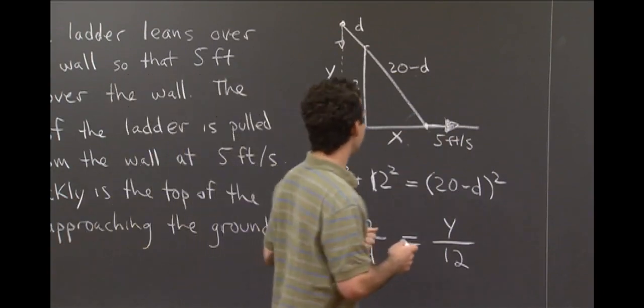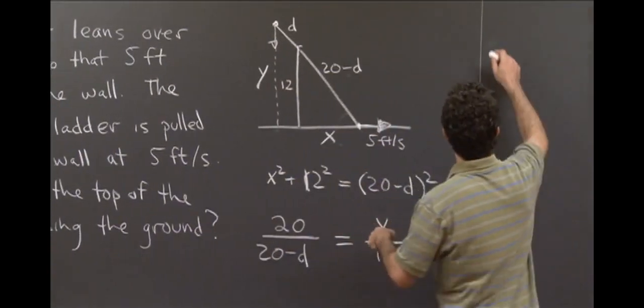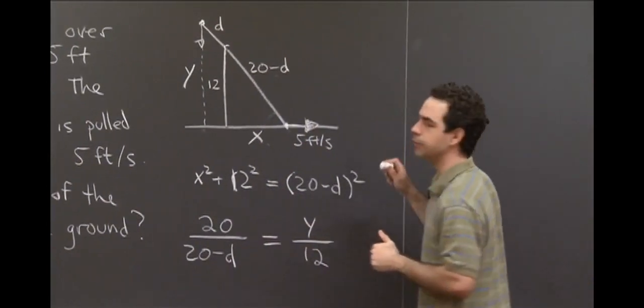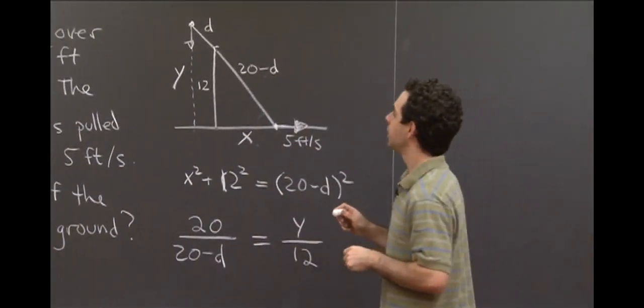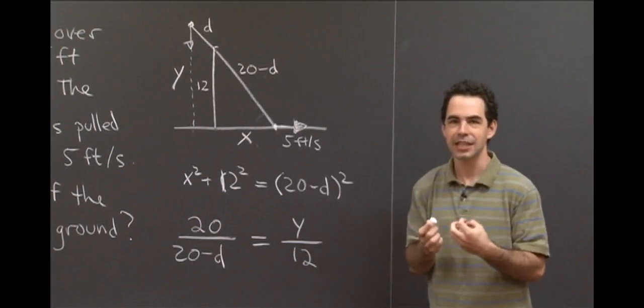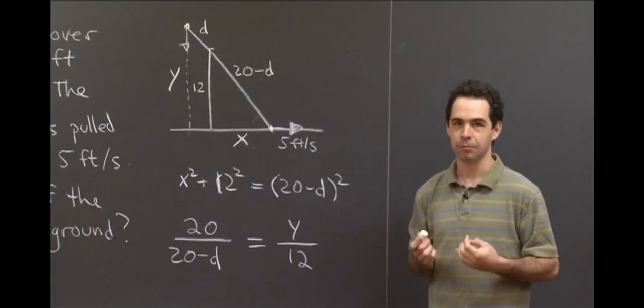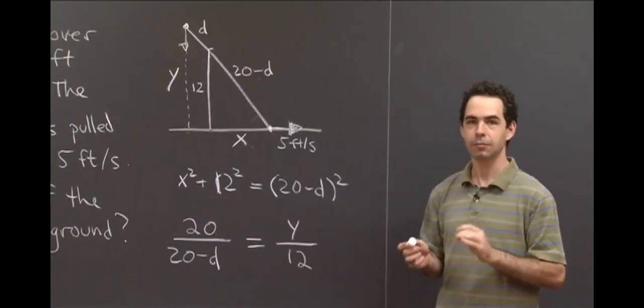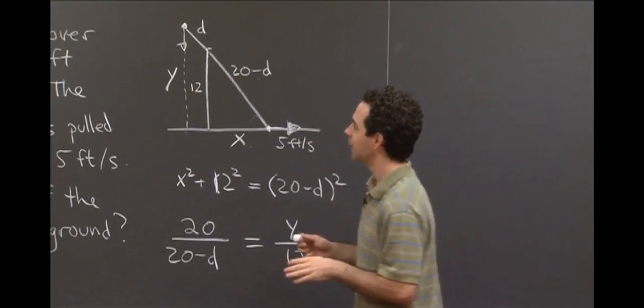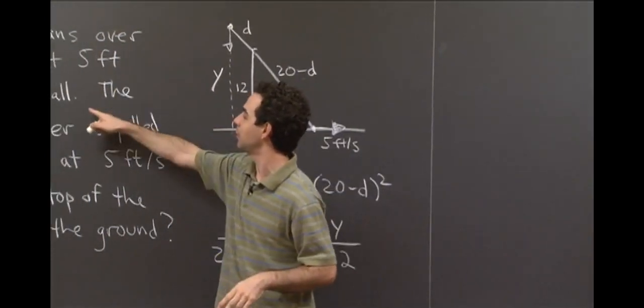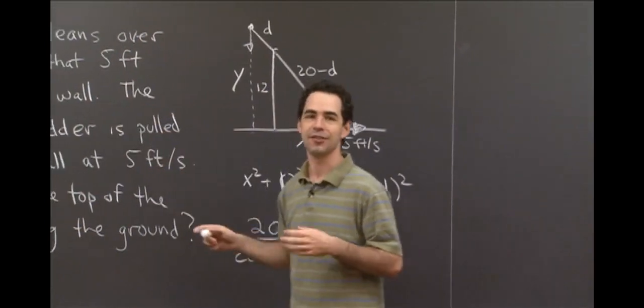I guess we need a few more things. Take it back. So now we need the condition. We're after this at a particular moment in time. And at our particular moment in time, I haven't used this given yet, that 5 feet of the ladder projects over the wall.